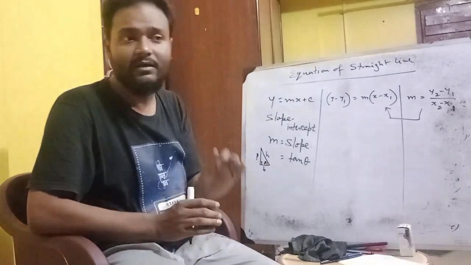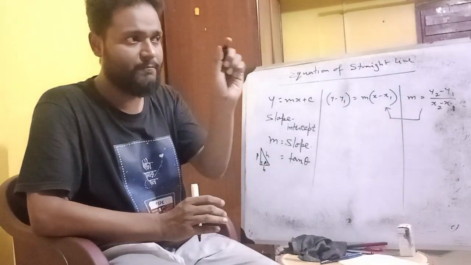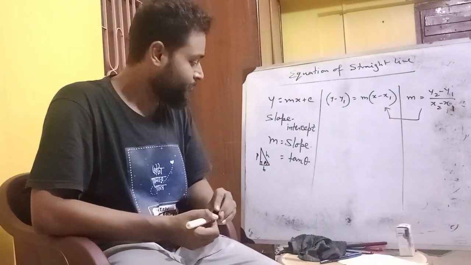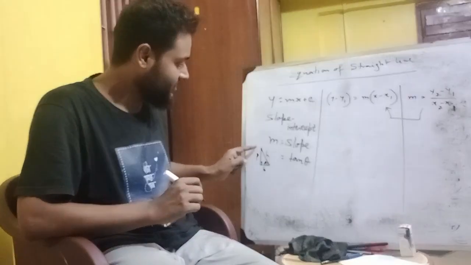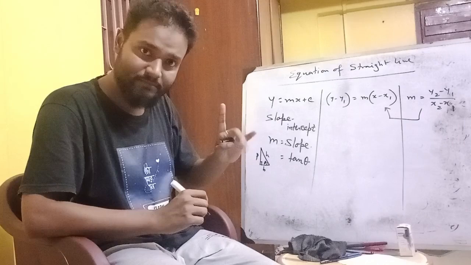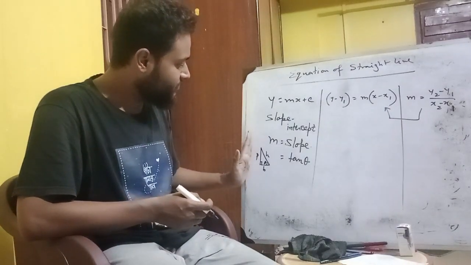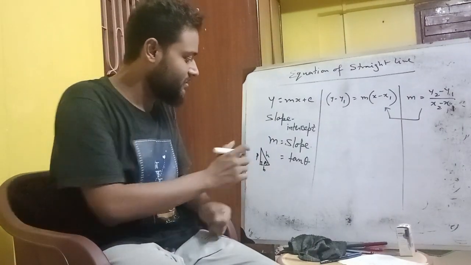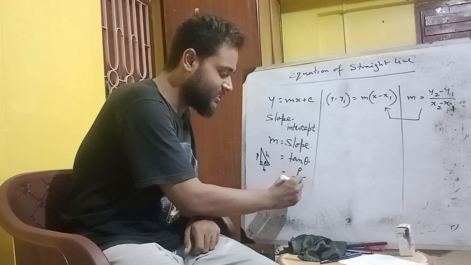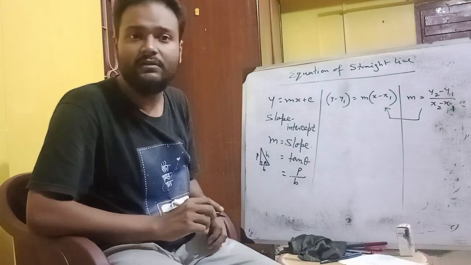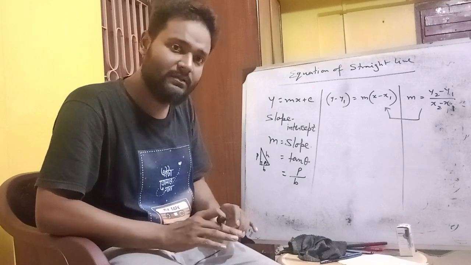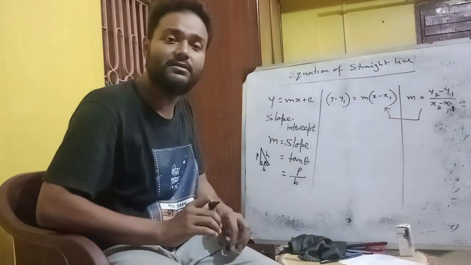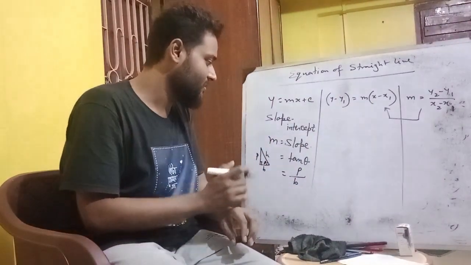So we need to clear the concept of perpendicular, base and hypotenuse. Against this angle theta, this is the perpendicular, this is the base. This P by B ratio is tan theta, and that will be equal to the slope of the straight line.